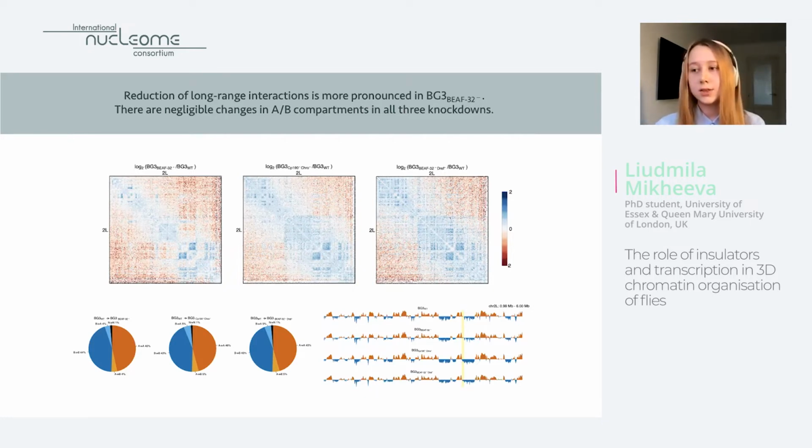Our research confirmed that there are negligible changes in the proportion of the genome that is in the A or B compartment in all knockdowns. Switching happened only in around 5% of the cases. If you look at the eigenvalue profiles, which are used to identify affiliation to the A or B compartment, you can see that between all the mutants and wild type, they are approximately the same.